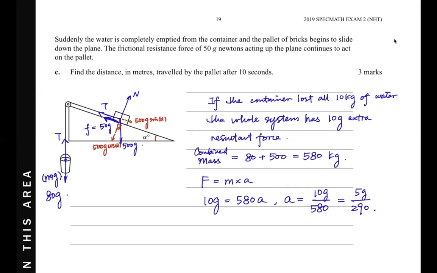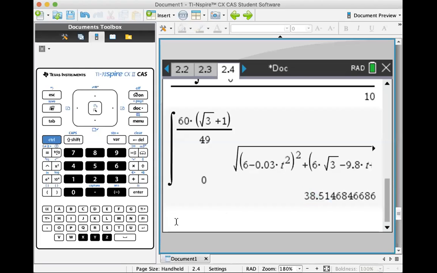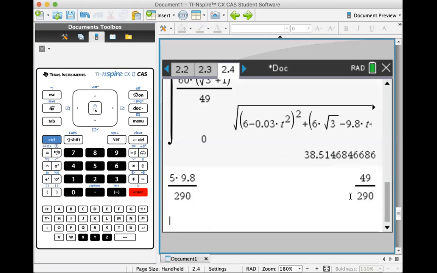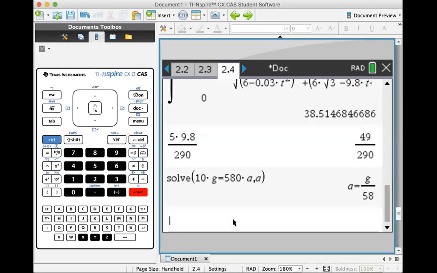Right, so here comes our CAS calculator, and let's see. 5 times 9.8 divided by 290. Looks like, yes. Let's do it again. So 10g equals 580 times A.